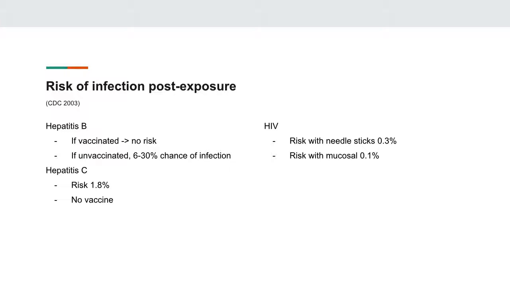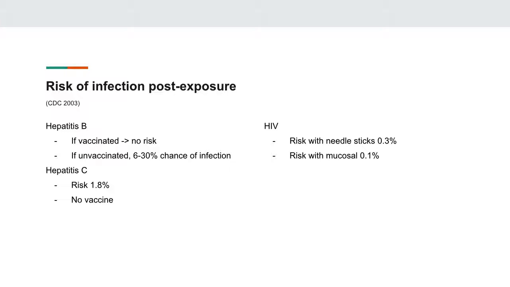If you are exposed to hepatitis B, but you have been vaccinated, then you do not have a risk of infection. If you are not vaccinated, then your risk of infection is anywhere between 6 and 30%. And this will depend on how infectious the patient is that you came into contact with.